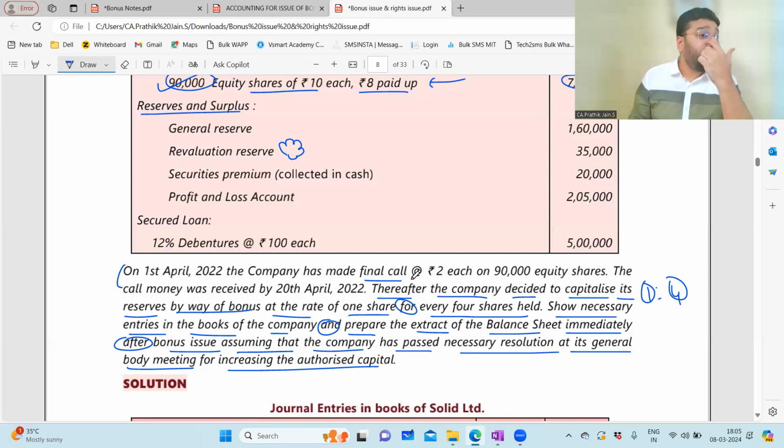But in your entire syllabus, the bonus share is always issued only to the equity shareholders. Mentally be prepared that if the question says bonus is given to preference shares, then the entry will change: instead of equity, it will be preference. Rest all is the same. Online people, okay or not okay?